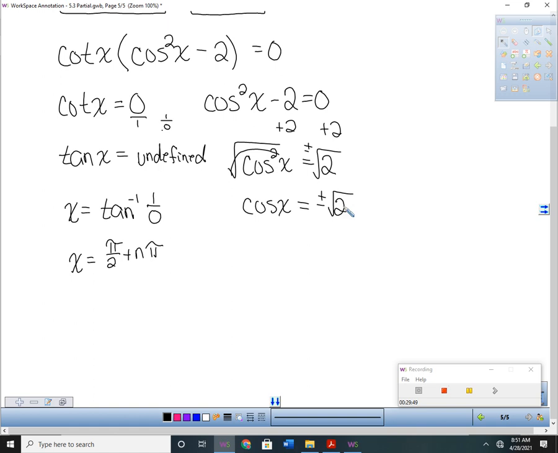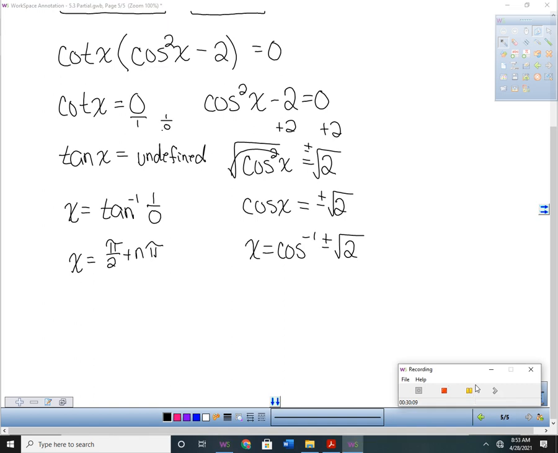All right? So I am looking for angles that have a cosine value of positive or negative square root of 2.